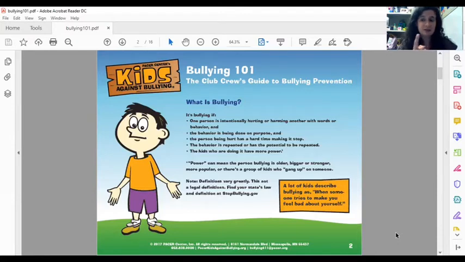Someone may push you, but it doesn't hurt, but there has to be that level of hurt. But also, hurt is not necessarily pushing or punching, because yes, that can hurt, but also feelings and emotions can get hurt. So there are different ways to be hurt, which we can see here. One person is intentionally hurting or harming.